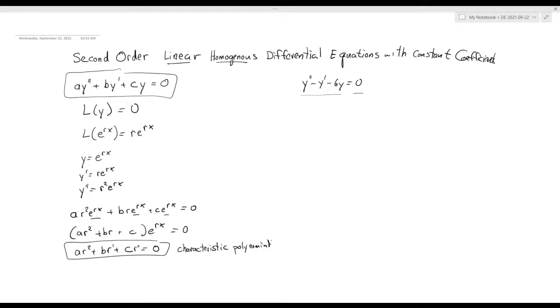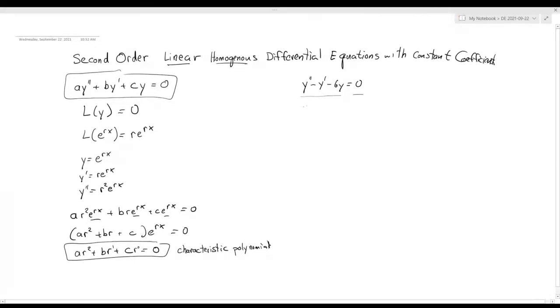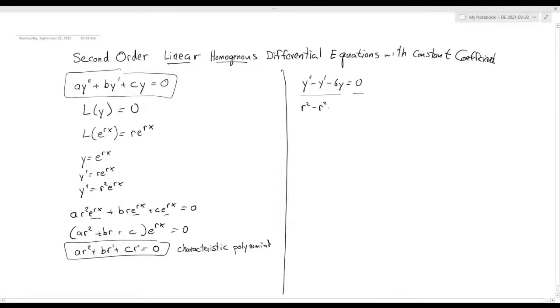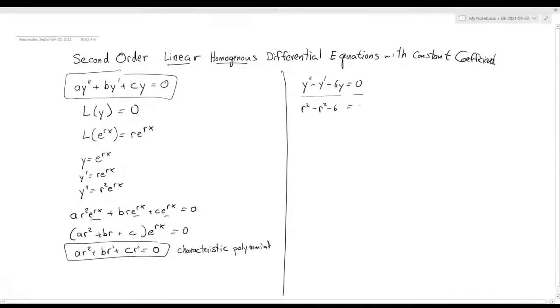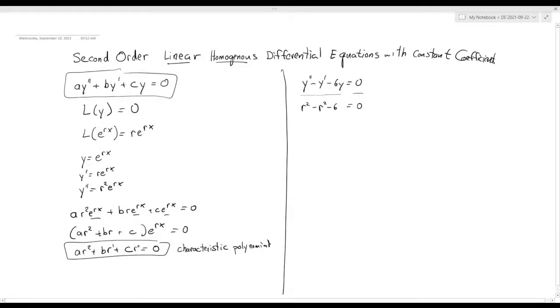So for example, we're going to write down the corresponding characteristic polynomial for this specific differential equation, and then we compute r.